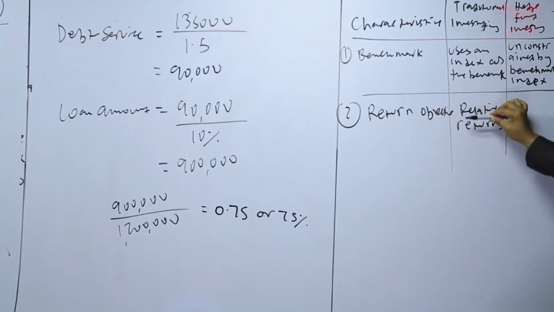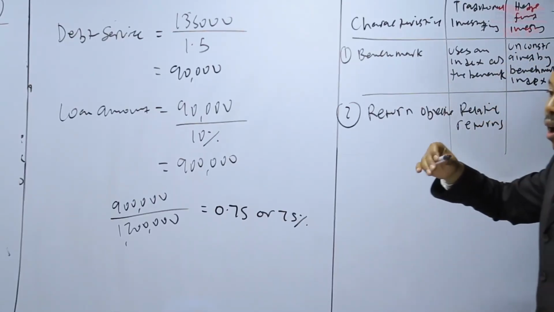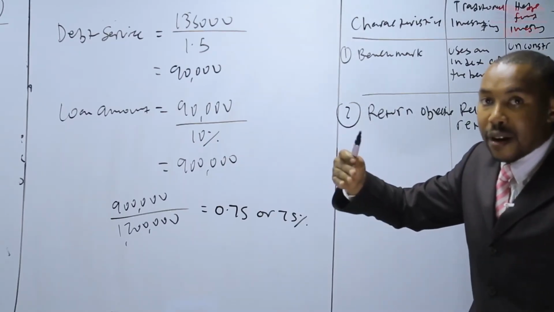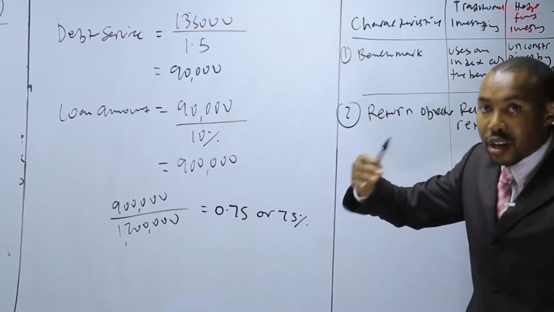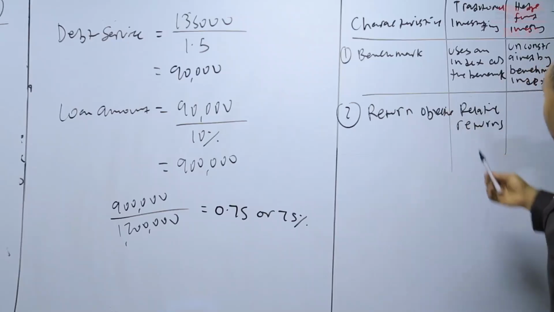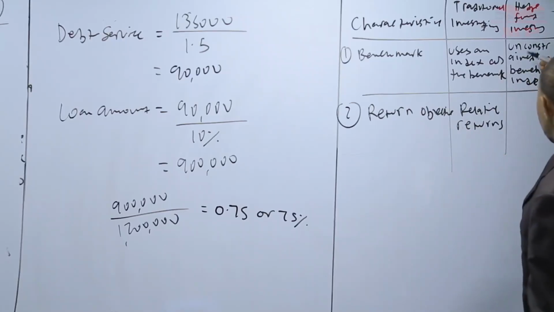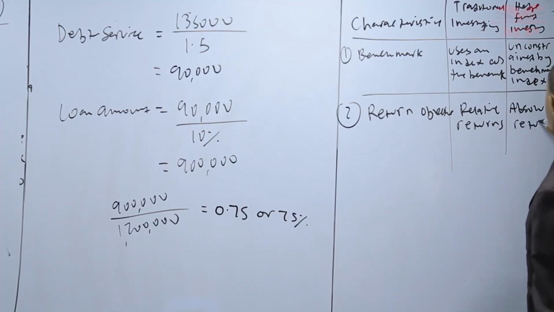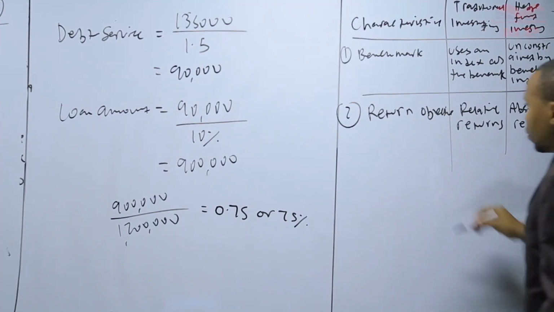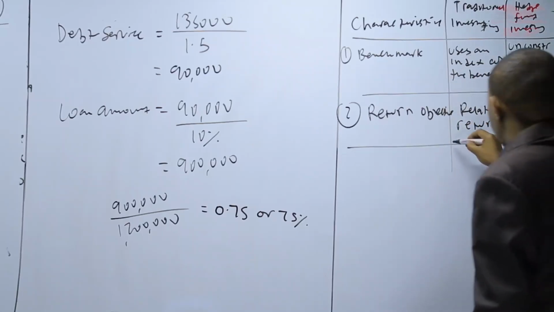Relative means that it is comparing the return against the benchmark return. For hedge fund investing it is absolute returns, because it is unconstrained by a benchmark index.